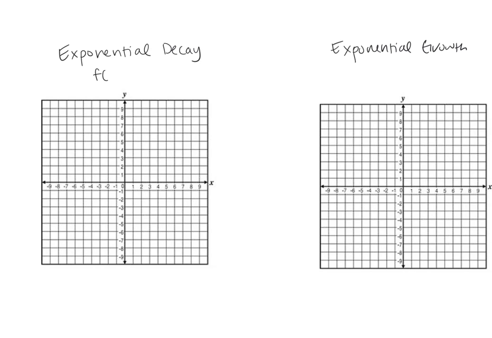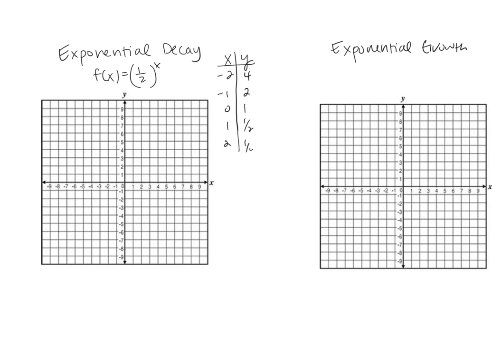The function we'll use is f of x equals 1/2 to the x power. Notice the exponent is the variable. We could graph this by plugging in some values like -2, -1, 0, 1, and 2. 1/2 to the negative second is 4. 1/2 to the negative first is 2. 1/2 to the 0 is 1.